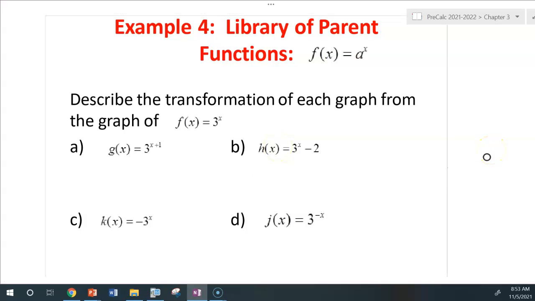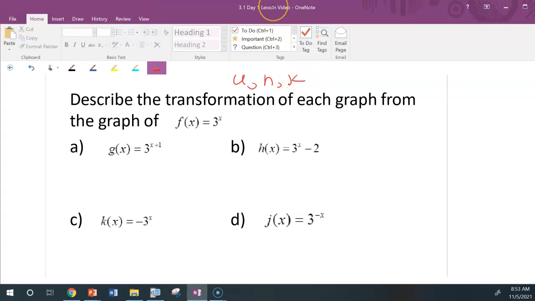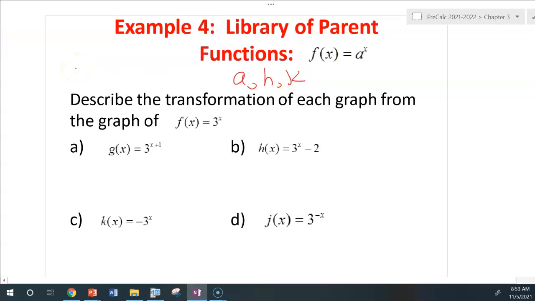And I just want to remind you that we're going to use a, h, and k, just like we've done with our previous functions. So we can rewrite this parent function as f of x equals a times 3 to the x minus h, plus k. And just like before, a is going to govern a stretch, compress, flip.